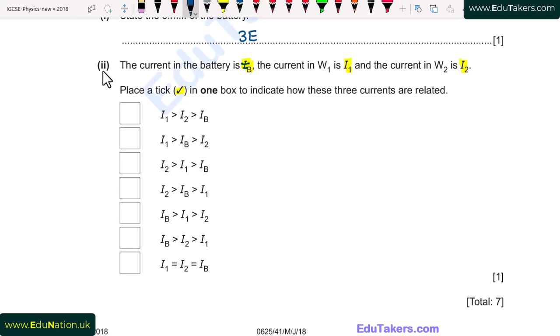So first of all, I draw a diagram again. It is W1 and it is W2.